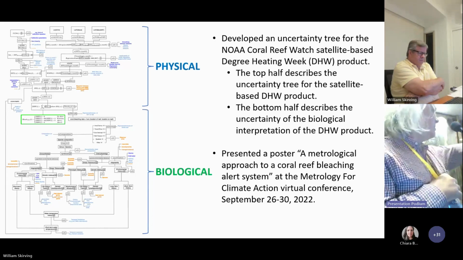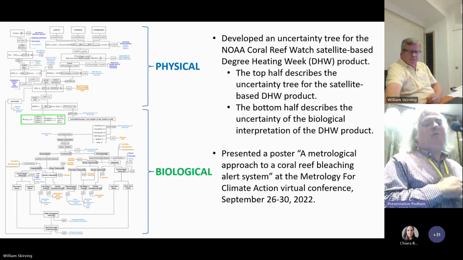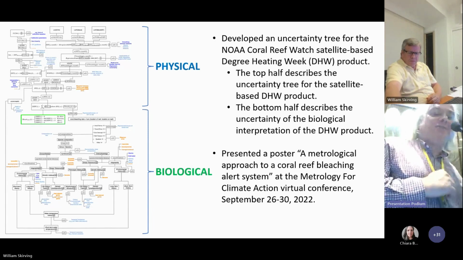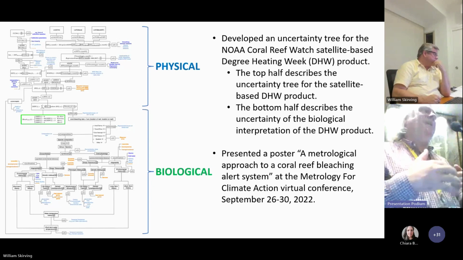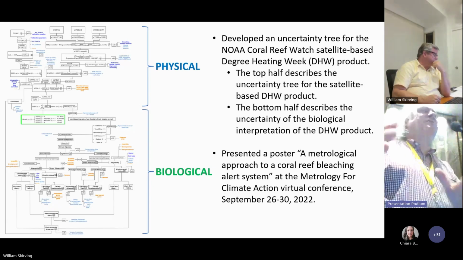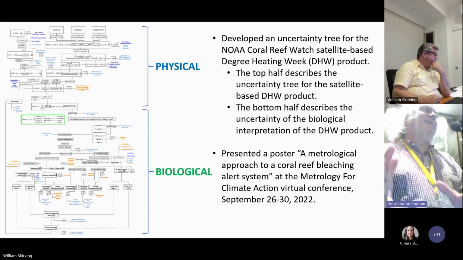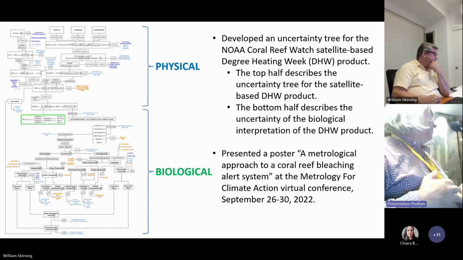And then that measurement can feed in. If you're really going to do a metrological analysis, you need to know, well, how is this really related to what the corals themselves are sensing and feeling and reacting to.